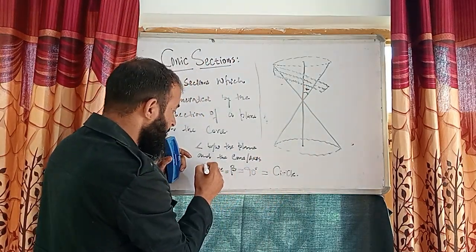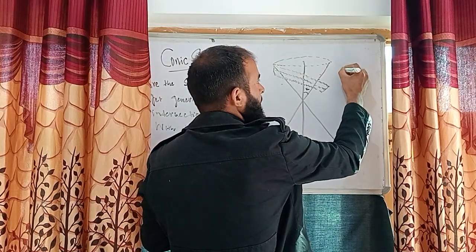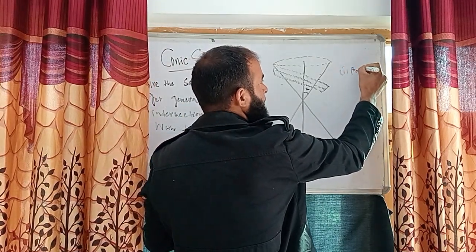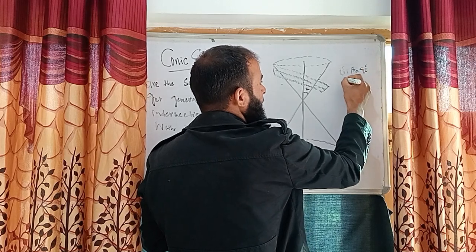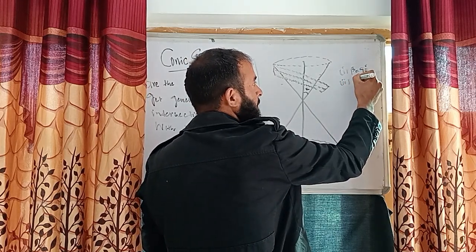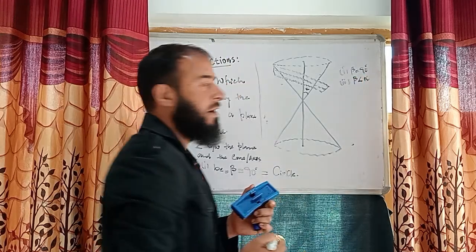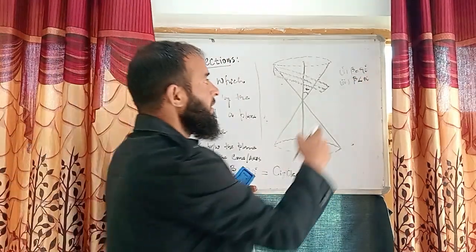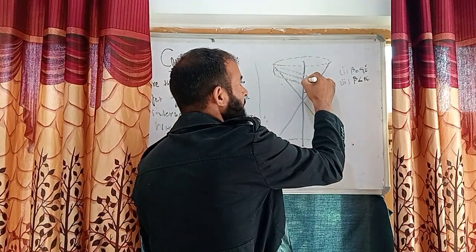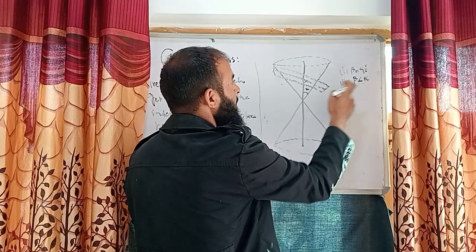This was our first case, where beta is 90, and in the second case we take beta less than alpha.